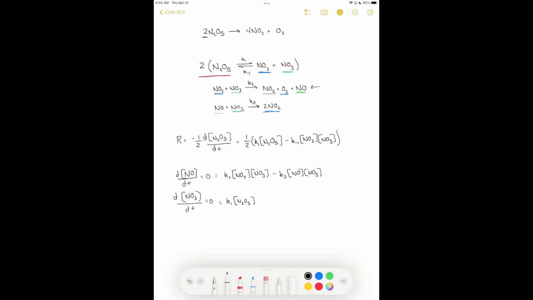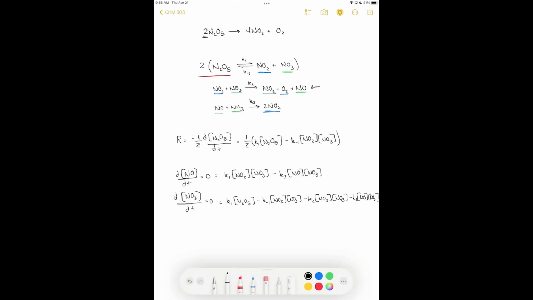And it is consumed by K minus 1 times the concentration of NO2 times the concentration of NO3. It's also involved in the second and third steps. So NO3 is also consumed based on K2 times NO2 times NO3. And it's also consumed by K3 times NO and NO3.